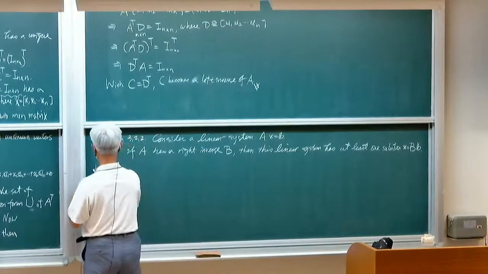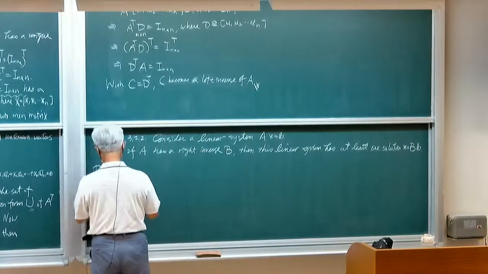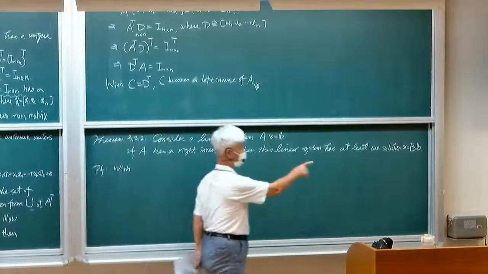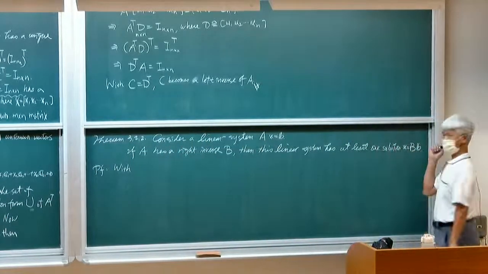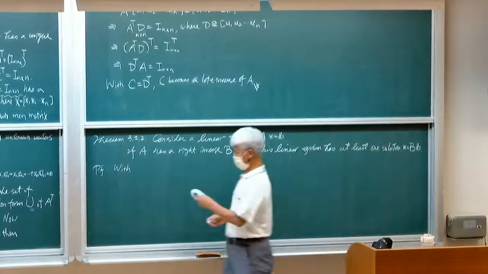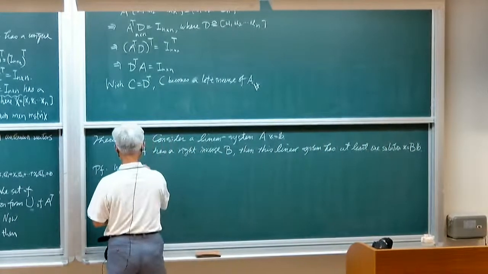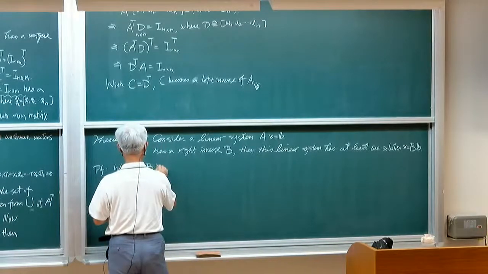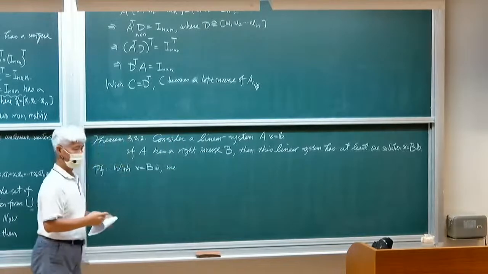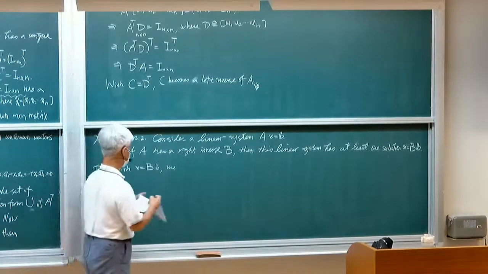The proof is quite easy. We just check, because it already gives you a solution here. So just plug in the solution. So x is b, with the unknown vector being this vector.